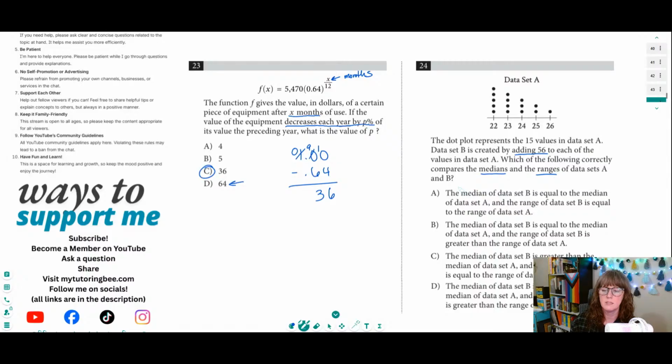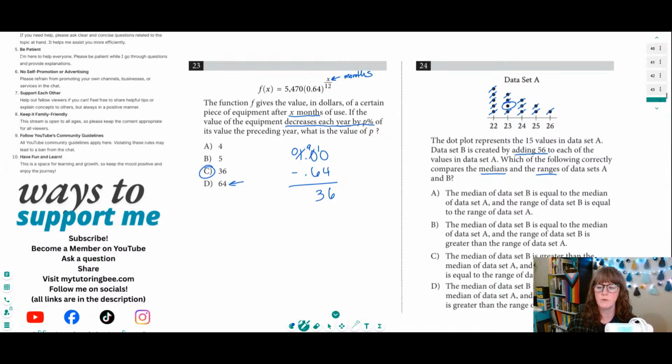Okay, let's talk quickly about what a median is and what a range is when we're talking about data. The median is the middle. It's the middlemost point. So in this data set, we could go through and find the middle point. Let's see. So this one, I'm crossing off one of the highest numbers and then crossing off one of the lowest numbers to work my way down to the middle.